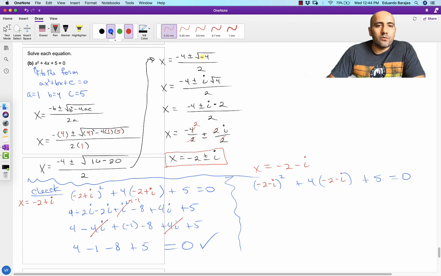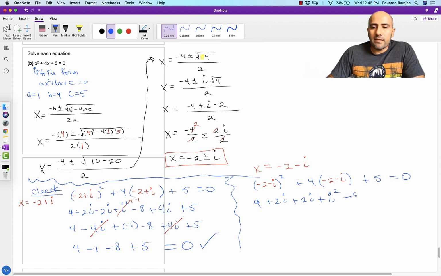When we FOIL this one, we'll get negative 2 times negative 2, so that's going to be positive 4. And then we get negative 2 times negative i becomes plus 2i. And then negative 2 times negative i, we get another plus 2i. And then we end up with a plus i squared.